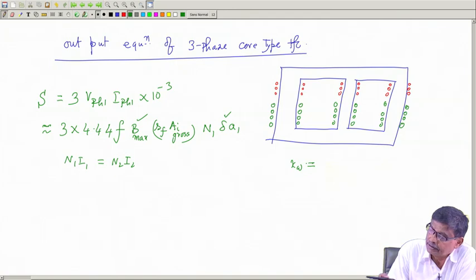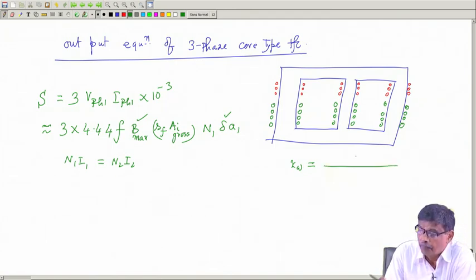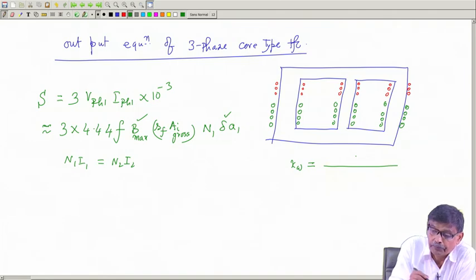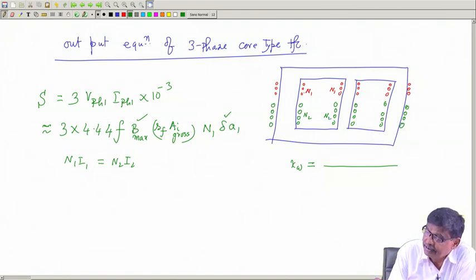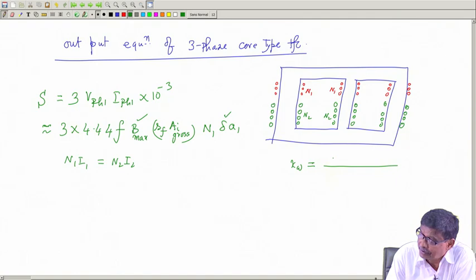Window space factor is, go to any window, the area covered by copper. So, suppose I say that it has N 1 turns and this has N 2 turns secondary. So, obviously, you can see there are two sections, so it will be what?